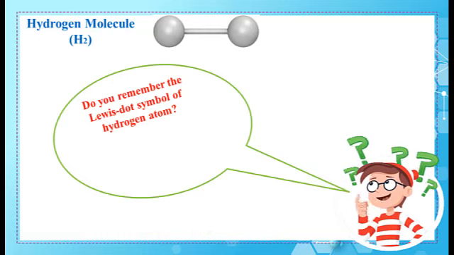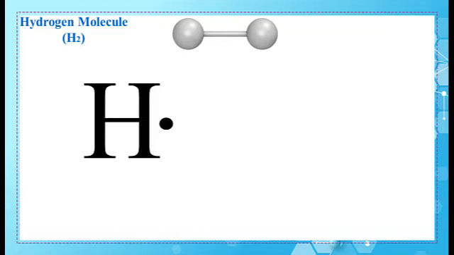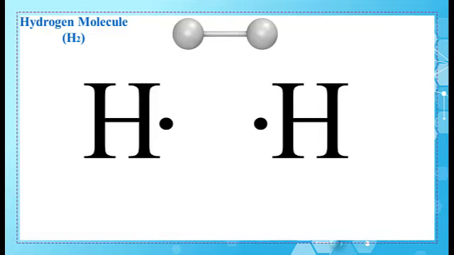Do you remember the Lewis dot symbol of hydrogen atom? That's it. Let's identify now how to write the Lewis dot structure of the hydrogen molecule H2. First, we write the Lewis dot symbols of the 2 hydrogen atoms and put the 2 lone electrons opposite to each other.